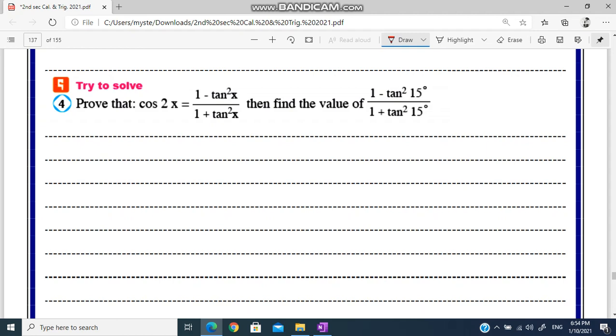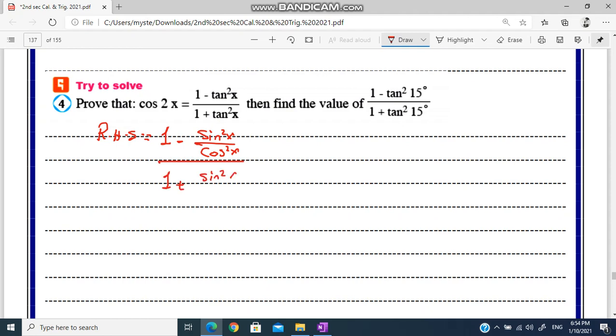We can take the left hand side, cosine 2x, or take the right hand side, which is more difficult. 1 minus tan squared x equals 1 minus sine squared x over cosine squared x, all over 1 plus sine squared x over cosine squared x.